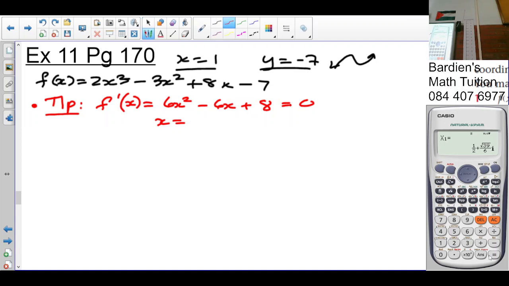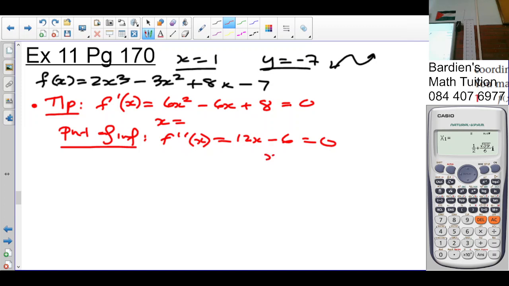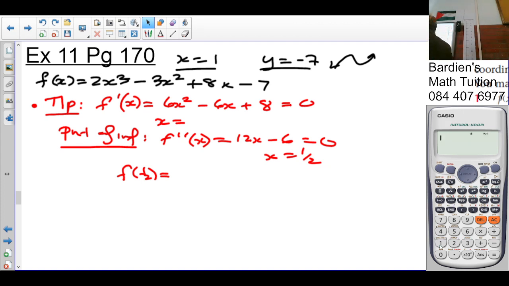So let's work out the point of inflection. For the point of inflection, the second derivative, which is 12x minus 6, is equal to 0, so x equals a half. So the point of inflection will be f of a half. Let's see what we get in here. 0.5.